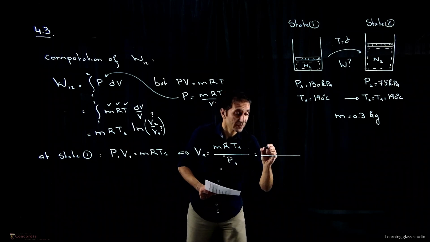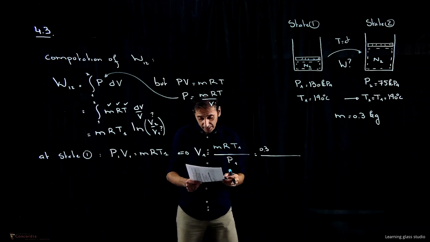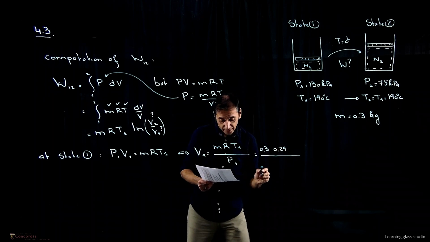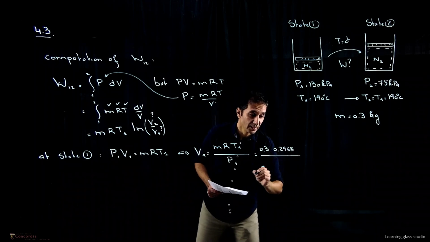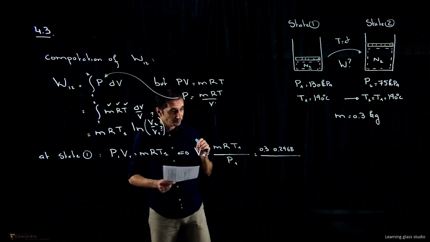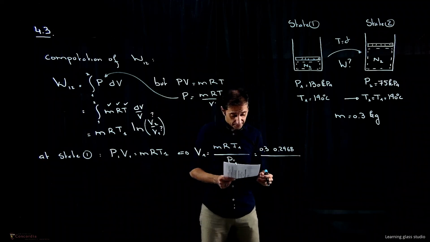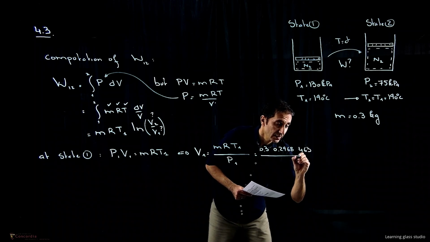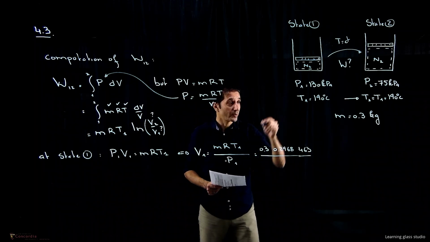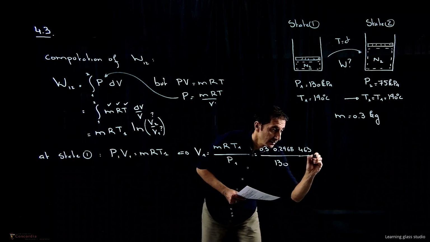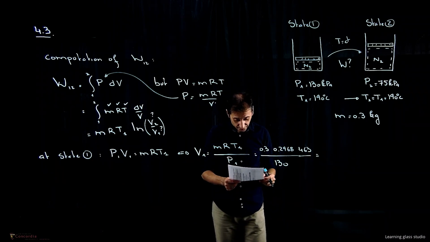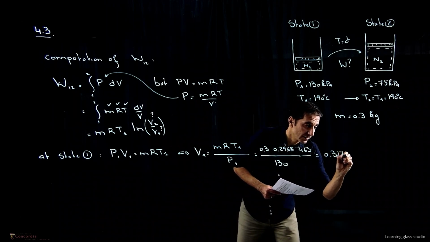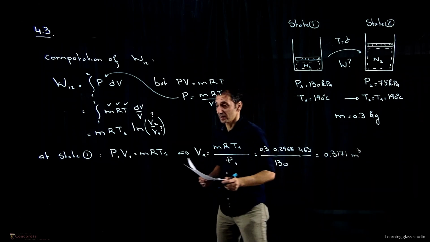We have the mass 0.3, we have the gas constant for nitrogen 0.2968. You get this value from here, and T1 in Kelvin, this will lead us to 463 Kelvin over the pressure P1, 130 kilopascals. And this volume V1 will be 0.3171 cubic meters. So this is done.